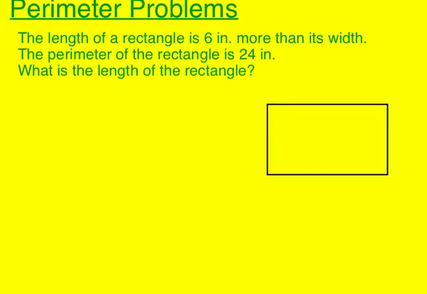So if we move into our first example, it says the length of a rectangle is 6 inches more than its width. The perimeter of the rectangle is 24 inches. What is the length of the rectangle? If I label my rectangle and call these two sides length and these two sides the width, that would match the picture you saw on the first screen.